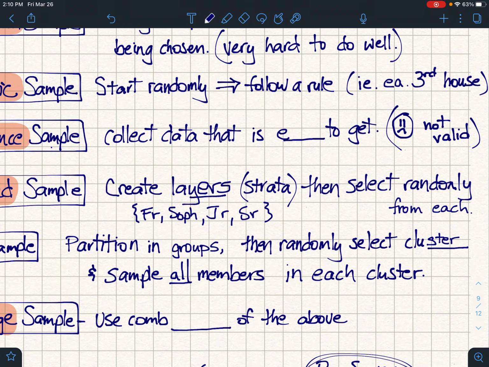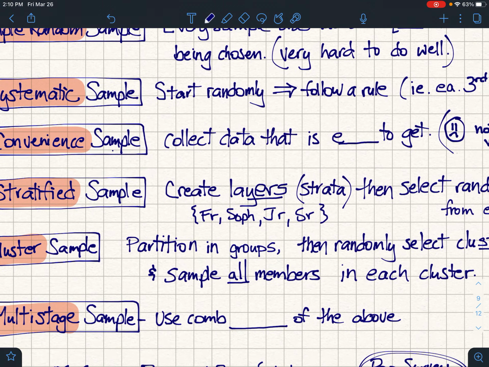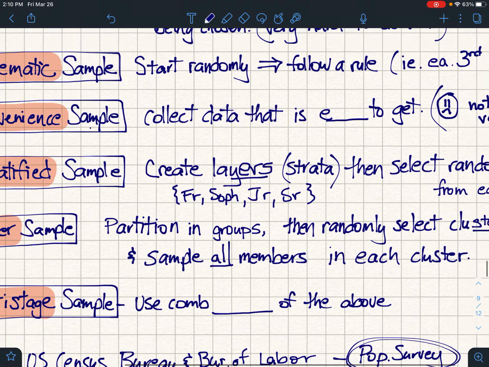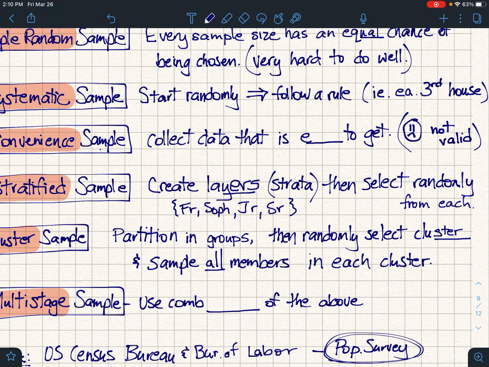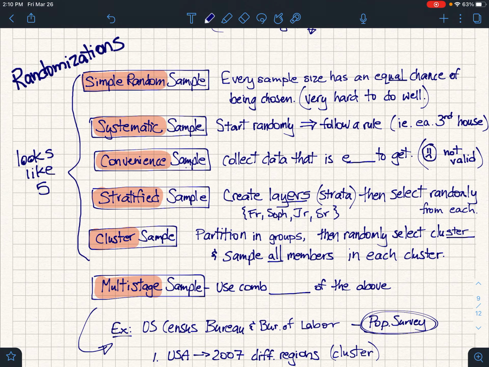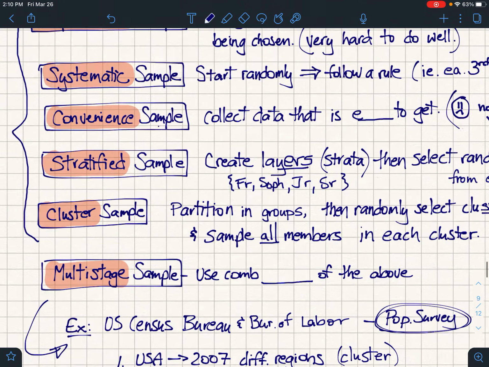And in each cluster, you're going to sample all the members, so you're going to do what we would call a census of each cluster. So you don't go from every cluster, you pick one, right? That would be more a stratified. But here you would go to all the members in each cluster, but each cluster is a representation of the whole group, so to speak.